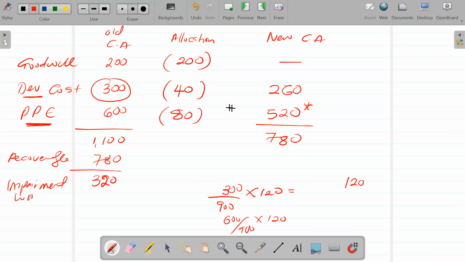It means that when we allocated the 200 to the goodwill, we're left with 120, isn't it? And now they are saying that goodwill should be limited to 550.